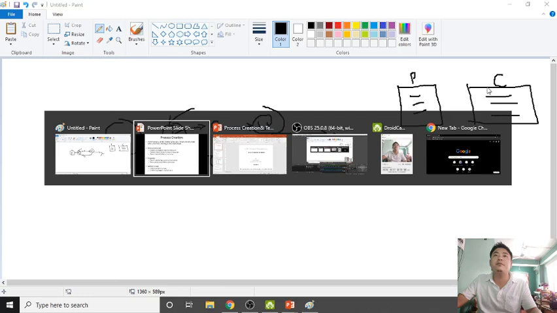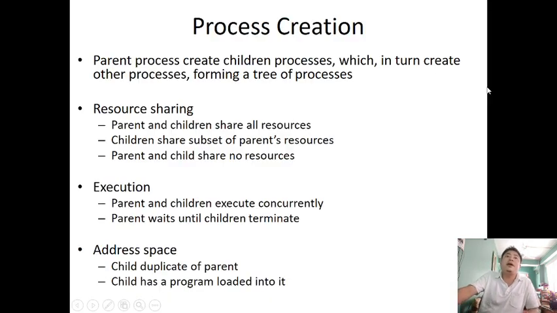So whenever a parent process creates a child process, the address space designated to the child process will have a duplicate copy of the code and instructions that the parent process has. Or it may happen that inside the child process, it gets loaded with a new program.